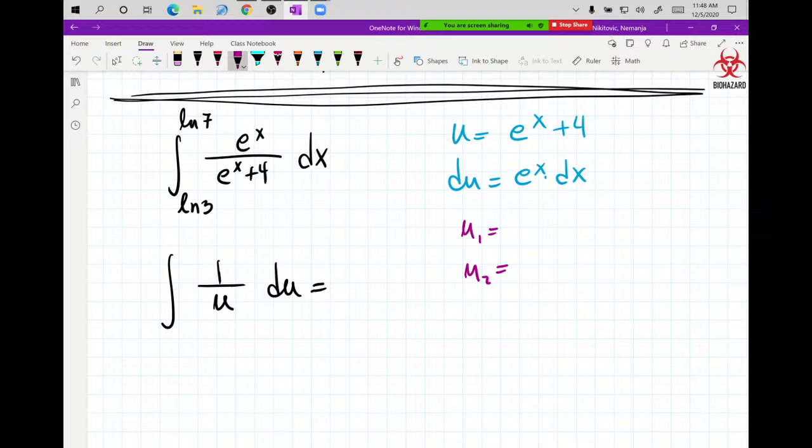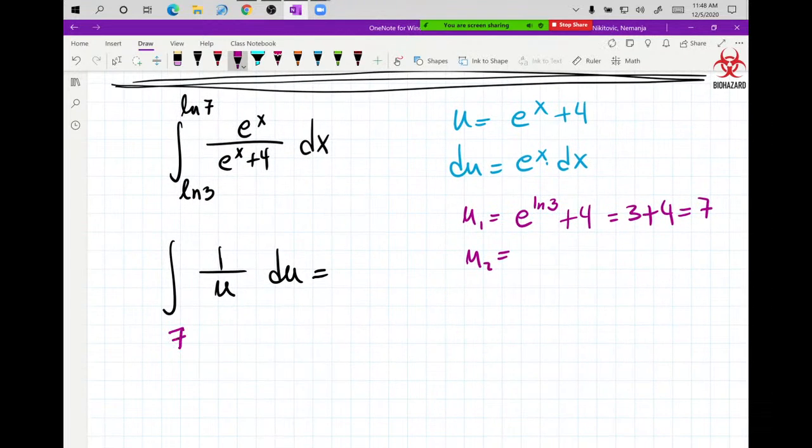Sorry, no, that's perfect. So we do the bottom limit, right? 1 is on the bottom. Right, sorry. So ln and e will cancel. You get 3 plus 4 is 7. So the bottom one is 7. How about the top one?